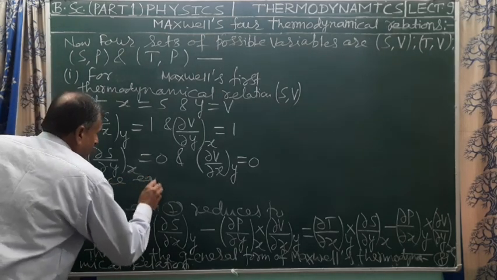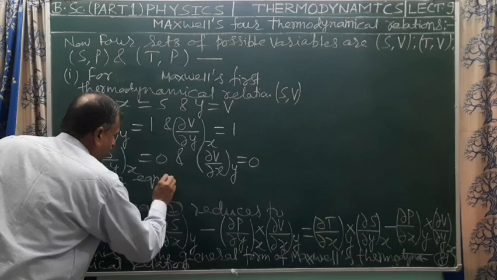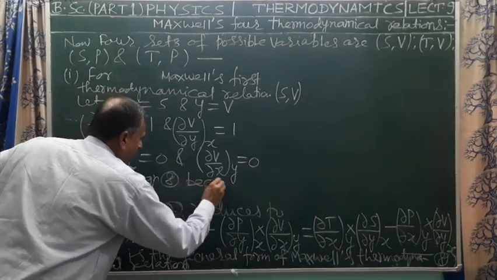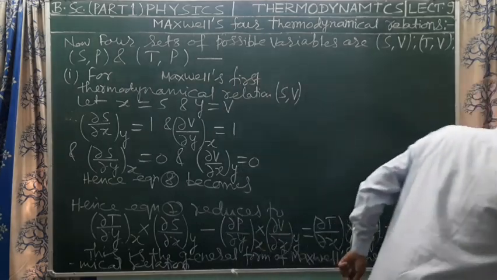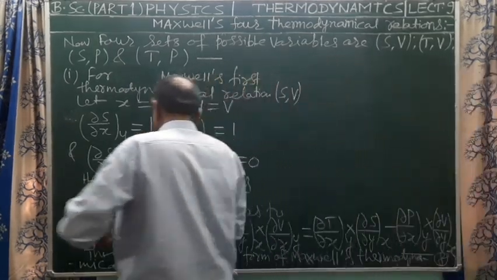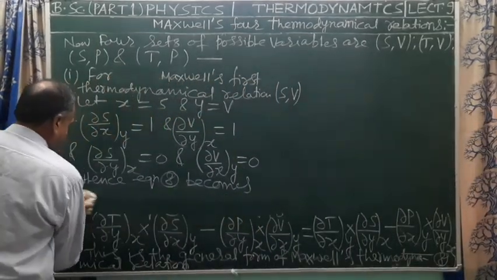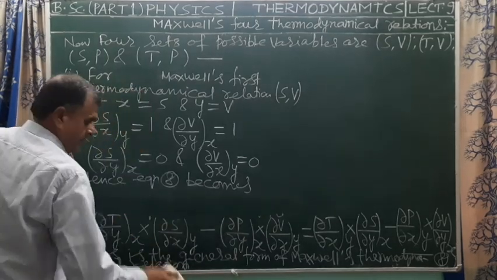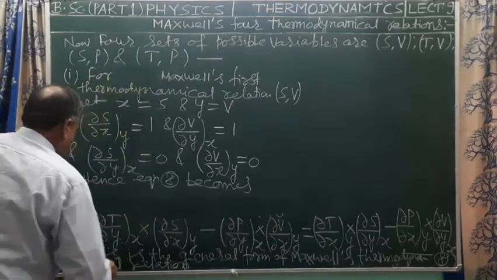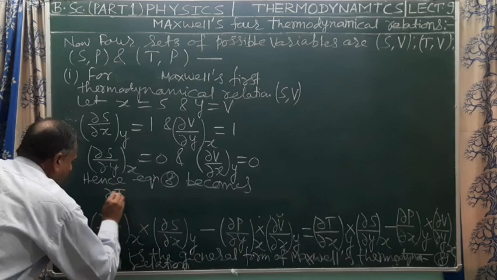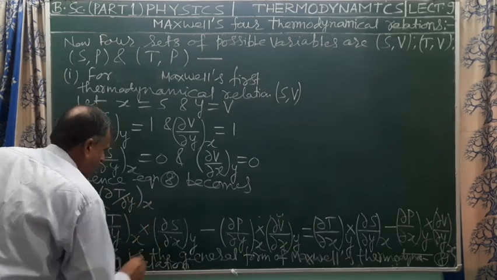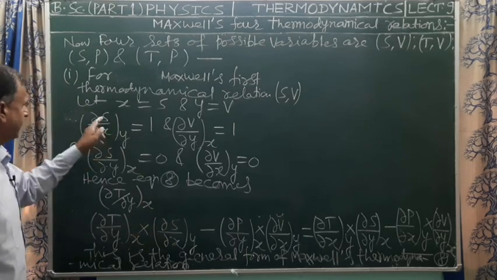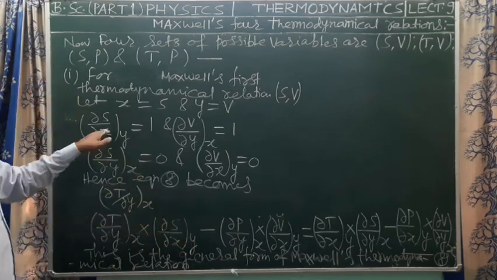So first term becomes del T, hence equation 8, that is the general form of Maxwell's thermodynamical relation, becomes: we have del T upon del y at constant x and del S upon del x at constant y, it is equal to 1.